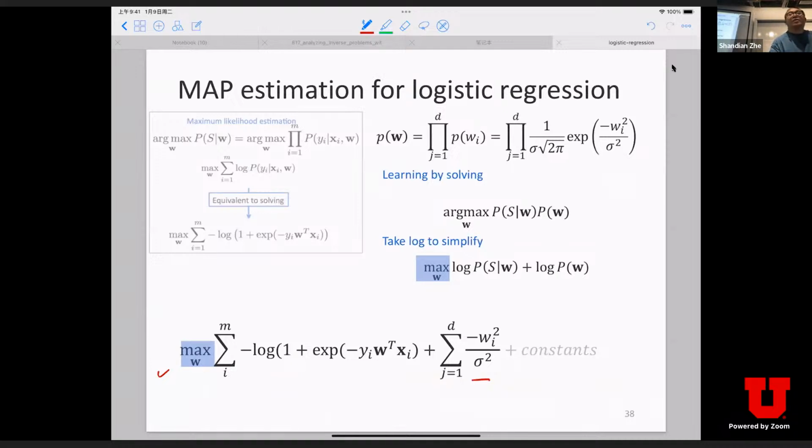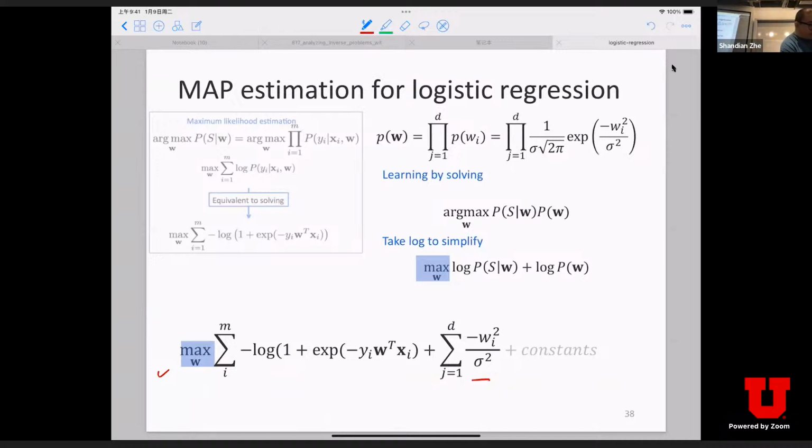It doesn't matter which base of the logarithm we use, because any log function is monotonically increasing, so it doesn't affect the optimum value of W.